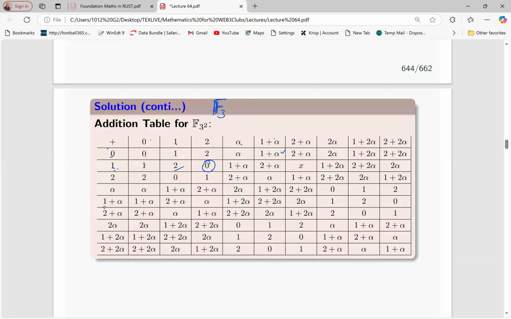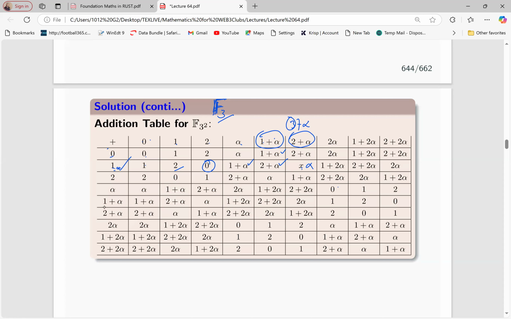1 plus alpha will be 1 plus alpha. 1 plus 1 plus alpha will be 2 plus alpha. Then 1 plus 2 plus alpha will be 3 plus alpha. But remember, this 3 you reduce and you get 0, so this is supposed to be alpha, not x. It's supposed to be alpha. This was a mistake when I was typing.